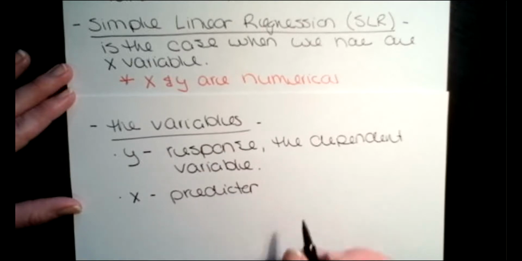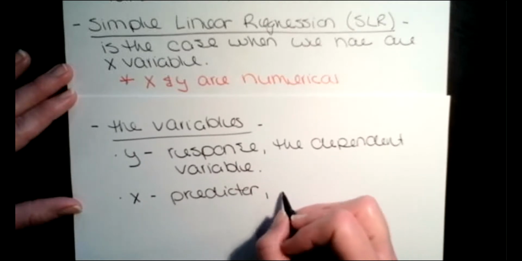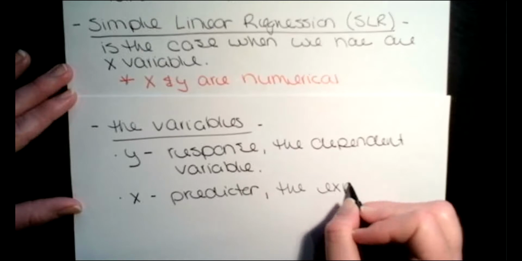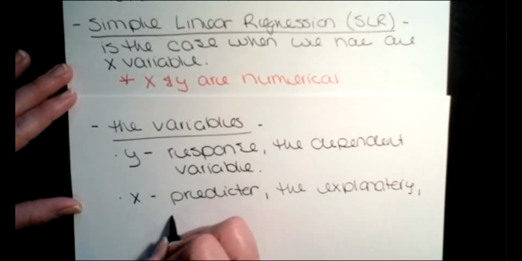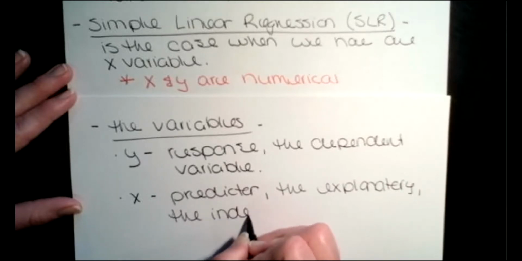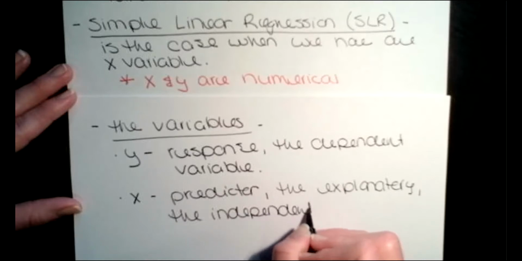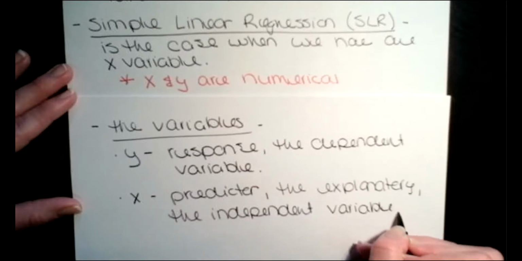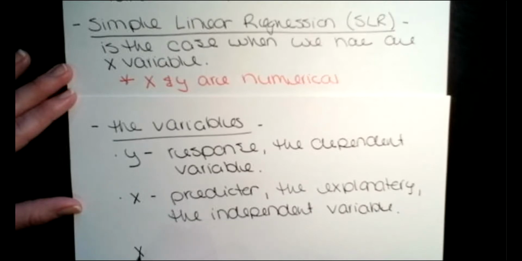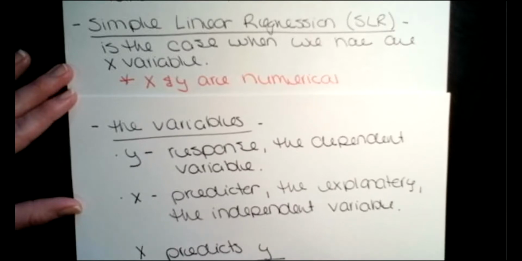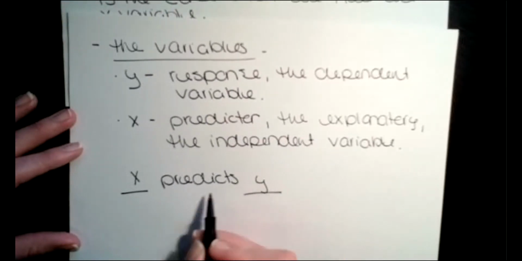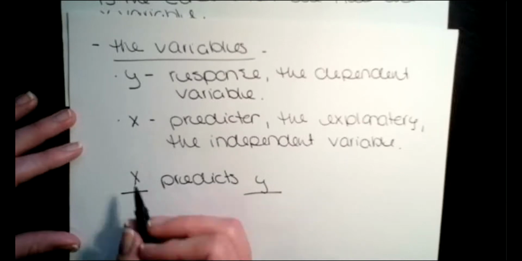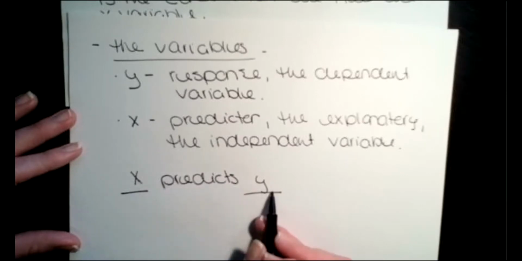It has a few names: predictor, the explanatory, the independent variable. And what we're looking at is where x predicts my y. So this is why y is the dependent, it depends on x. X is independent. So we're talking about x predicts y.